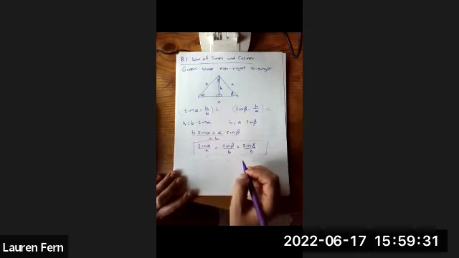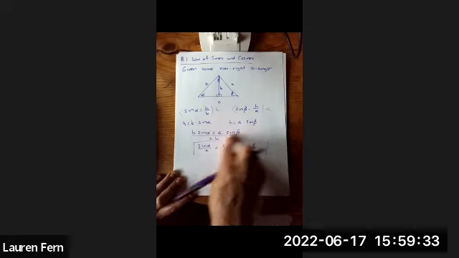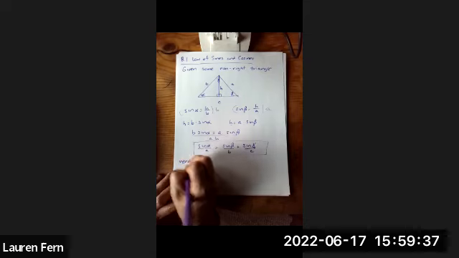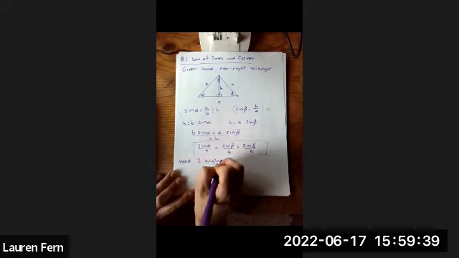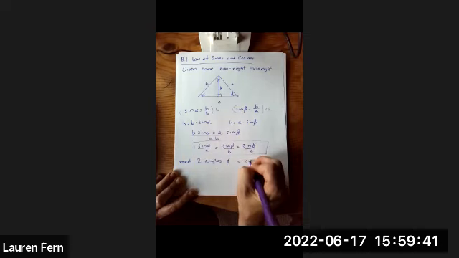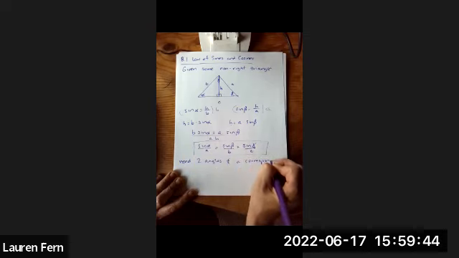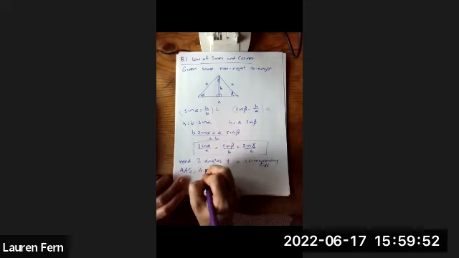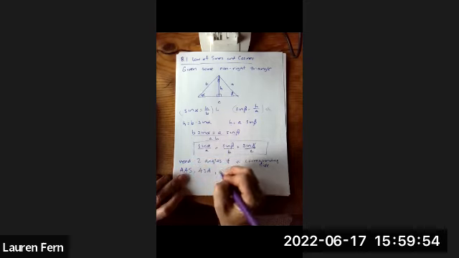But essentially, in order to have enough information to solve this proportion, you need two angles and a corresponding side. In other words, you need angle, angle, side, or angle, side, angle.